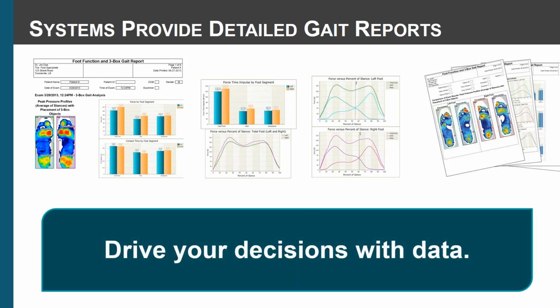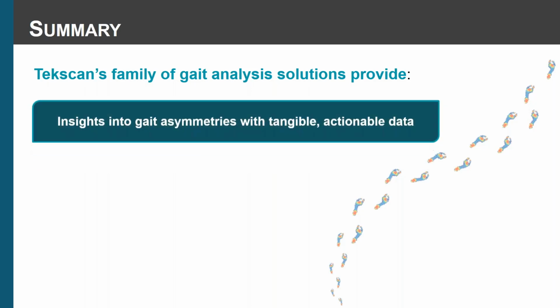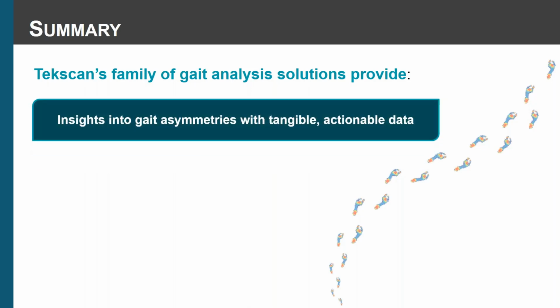So to summarize, TechScan's gait analysis solutions can provide clinicians, whether you're a podiatrist, athletic therapist, chiropodist, or another type of important provider in the healthcare industry, with insights into gait asymmetries, providing you with actual quantitative information to really evaluate your treatment, and the ability to confirm or rebut a diagnosis.